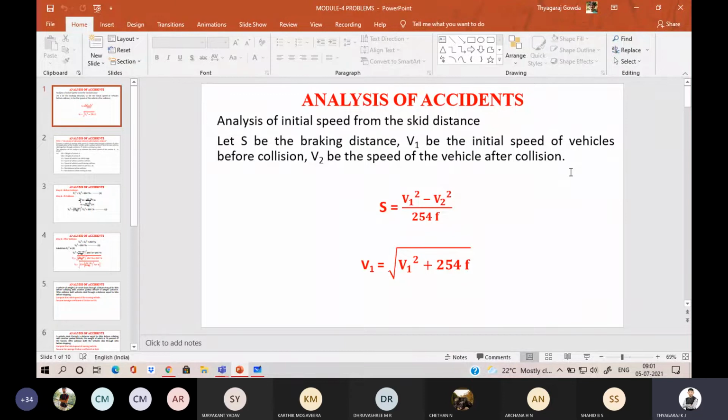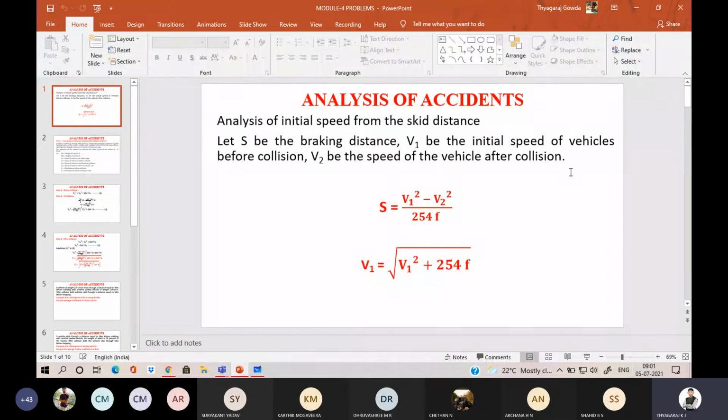In the previous class we discussed various types of accidents: when the moving vehicle collides with the parked vehicle, with a stationary object, with a rigid structure, and head-on collision.